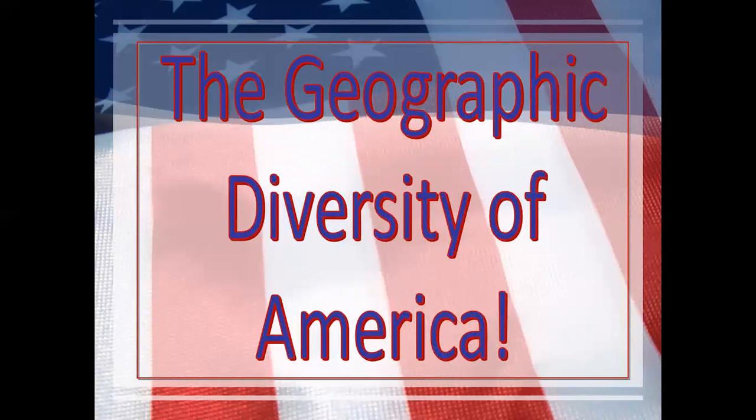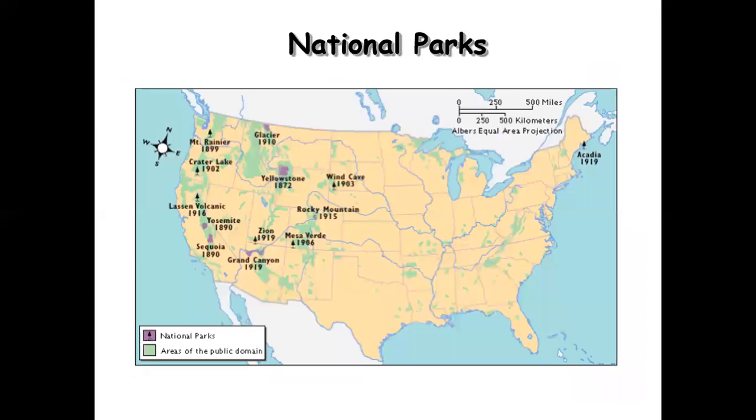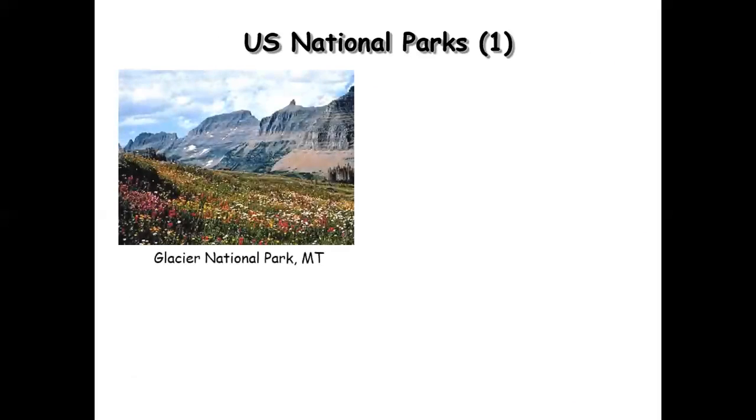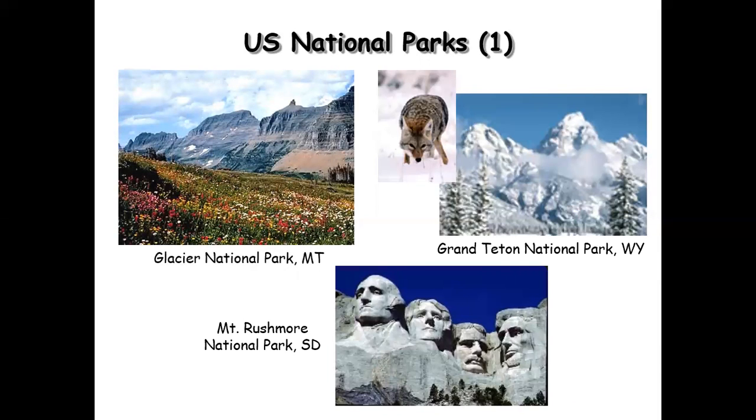Right? Geographic diversity of America. We have a bunch of national parks. Most of them are out west, actually. Places like Yellowstone, Yosemite, two of the most beautiful parks in the world, I would argue. But national parks, all right, here we got Glacier, we have Grand Teton, we have Mount Rushmore in South Dakota.